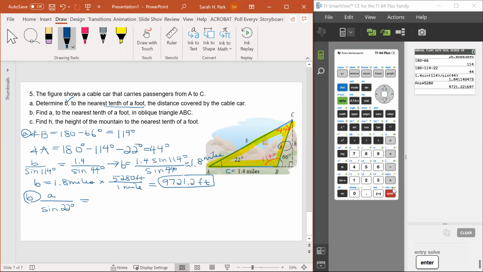And let's use C over sine of, or C is actually 1.4 miles, so let's use that, over sine of 44 degrees. And we have that A is equal to 1.4 sine of 22 degrees all over sine of 44 degrees, which is equal to 1.4 sine of 22, close, and then divide by sine of 44 degrees.